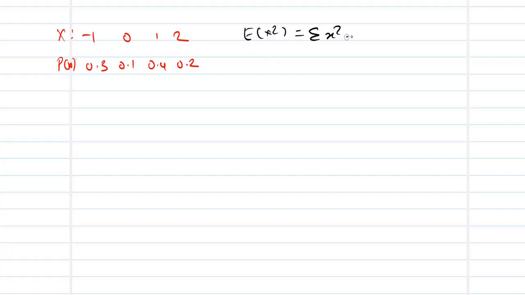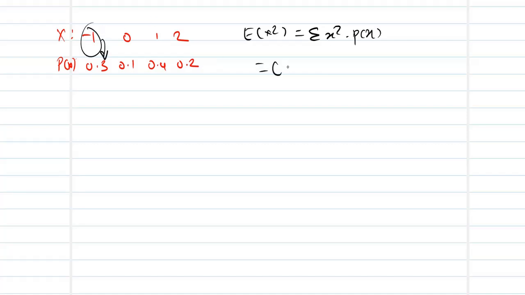So what are the values taken by x? X takes the values minus 1, 0, 1, 2, and the probabilities of x are 0.3, 0.1, 0.4, 0.2. Now what we require is E of x square, which is summation x square into probability of x. So square this and multiply with it.